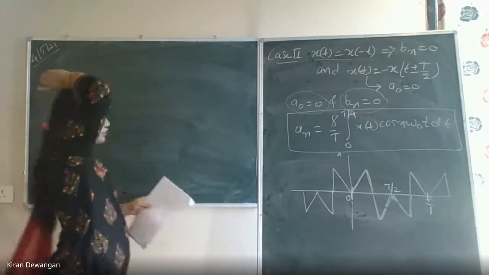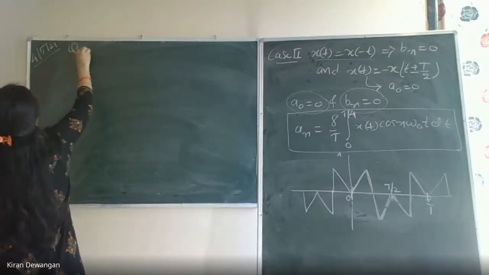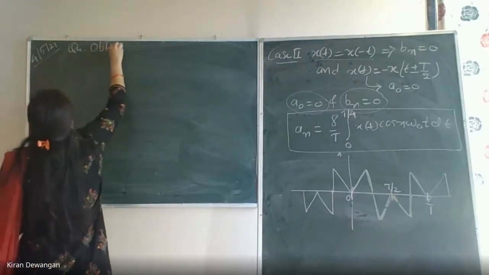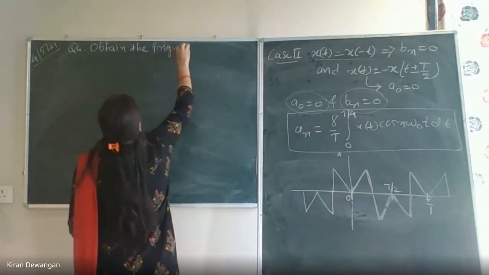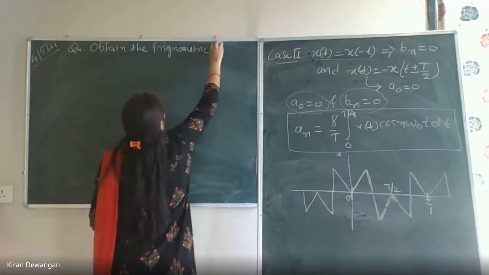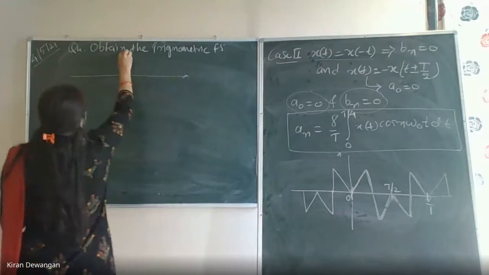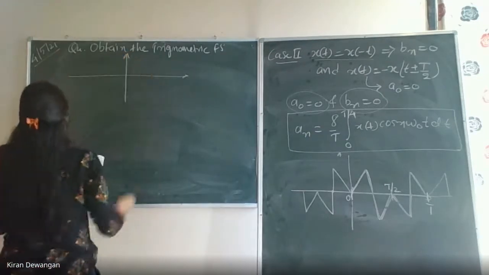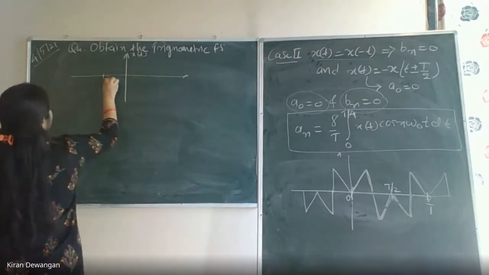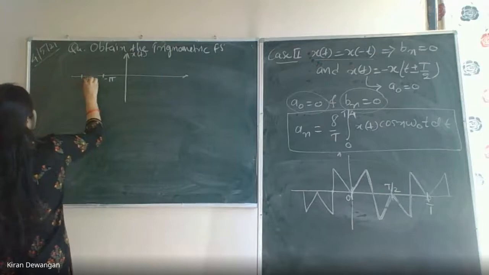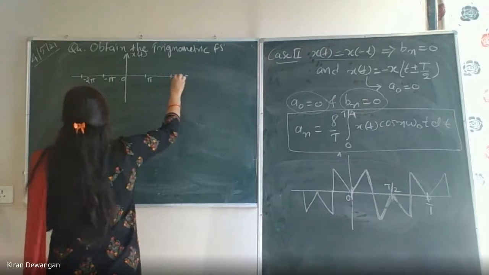Obtain the trigonometric Fourier series for the waveform. The question is to obtain the trigonometric Fourier series for the waveform given, and the waveform is this, x of t, with marks at minus pi, minus 2 pi, 0, pi, 2 pi.